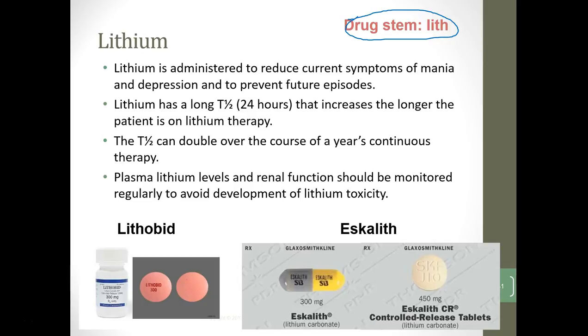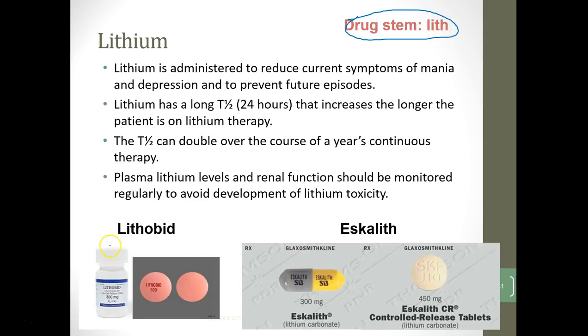The half-life can double over the course of a year's continuous therapy, so that's something to be aware of. Plasma lithium levels and renal function should be monitored regularly to avoid development of lithium toxicity, which can be extremely harmful to the patient. See page 99 for more information on the drugs used to treat bipolar disorder.